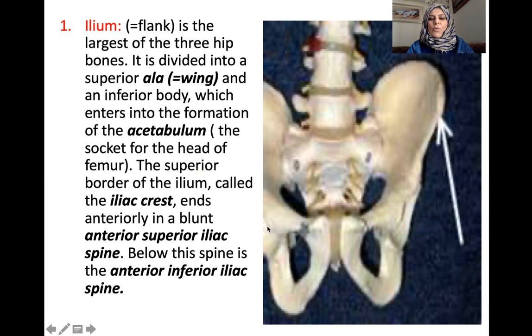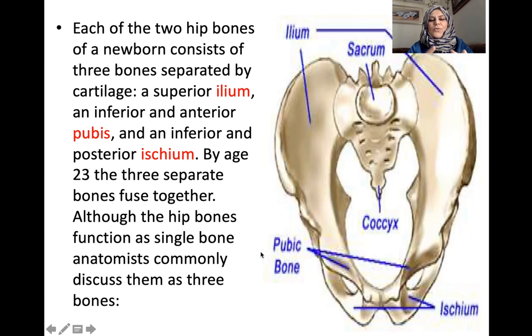These are important because through these foramina there will be structures that pass from the gluteal region to the lower limb. As we go through the course, we will know what these structures are. But for now, I want you to locate the ischial spine and know that above it is the greater sciatic notch and below it is the lesser sciatic notch. When you see the ligaments, the sacrospinous and sacrotuberous, they become the greater sciatic foramen and lesser sciatic foramen.